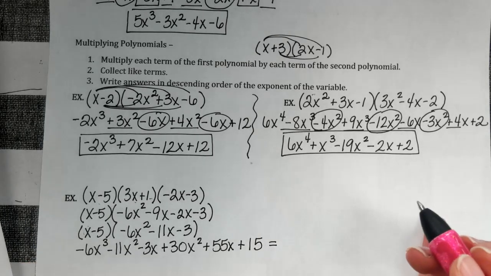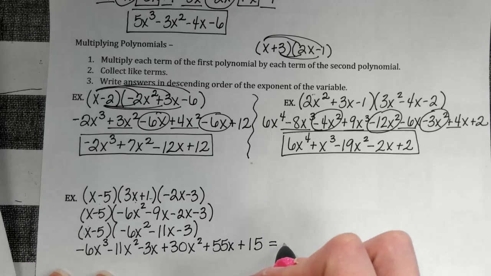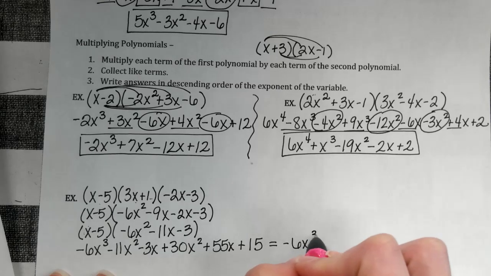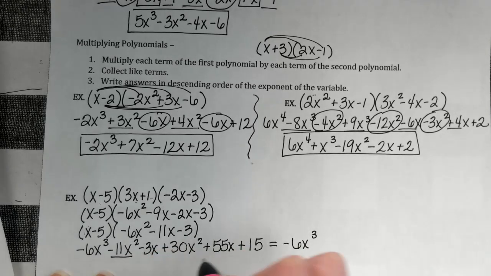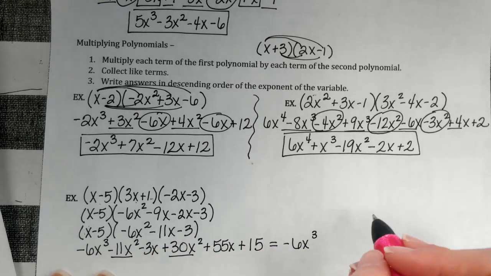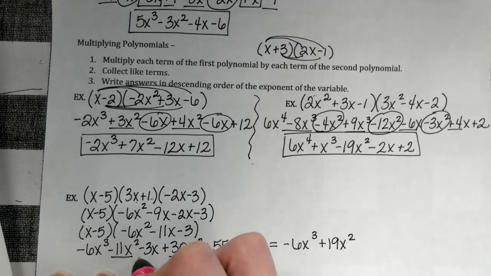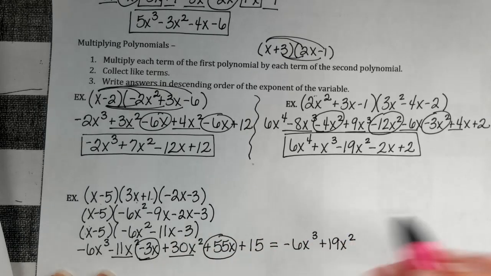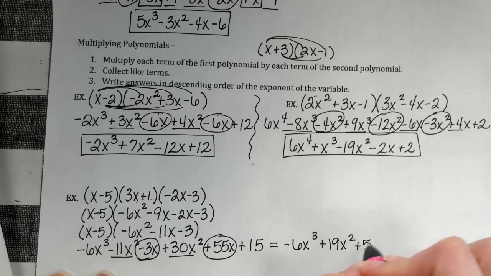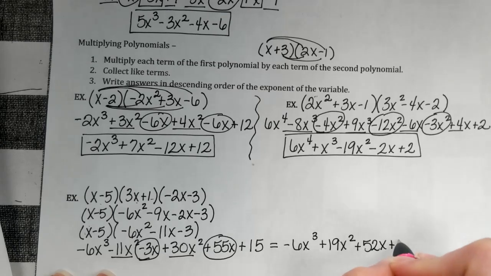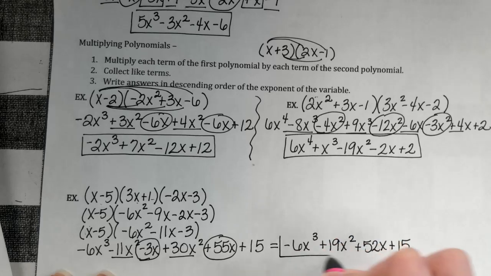So when I combine like terms, that's going to leave me with negative 6x cubed, negative 11x squared plus 30x squared is 19x squared, negative 3x plus 55x is 52x, then plus 15.